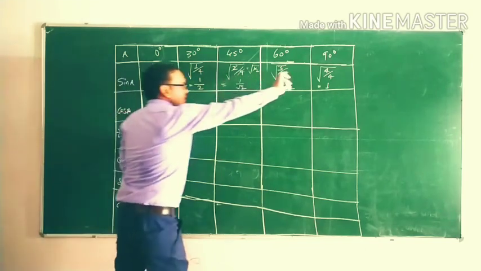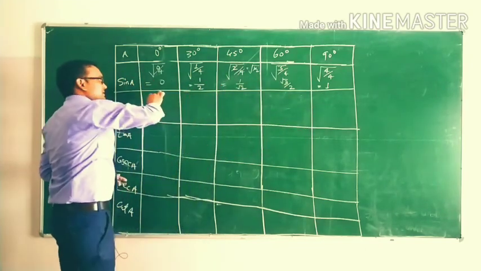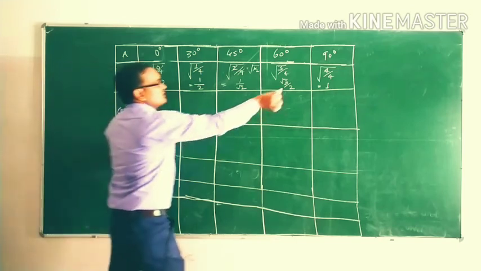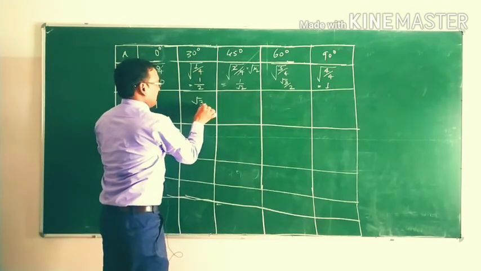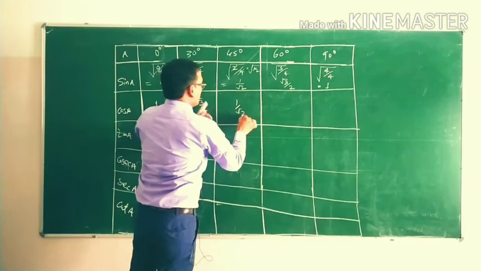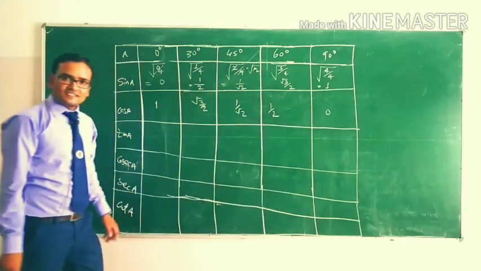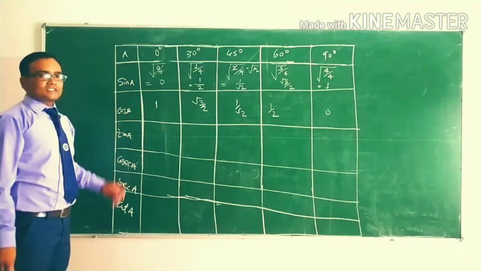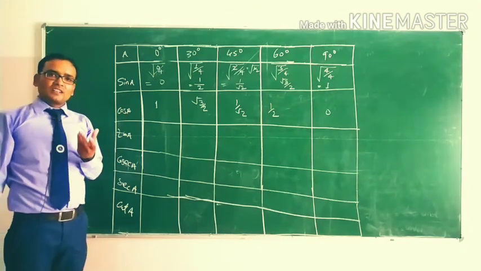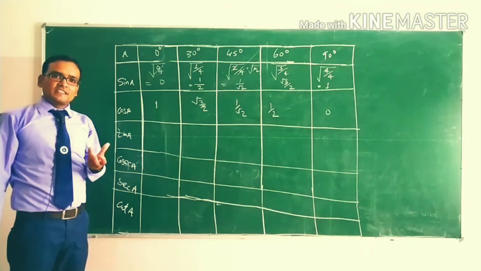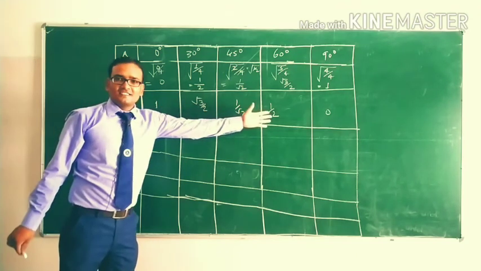Okay students, we write the same values in reverse: 1, root 3 by 2, 1 by root 2, 1 by 2 and 0. The values of cos 0, 30, 45, 60 and 90 are very easy.